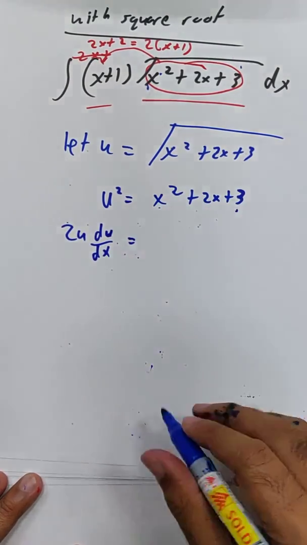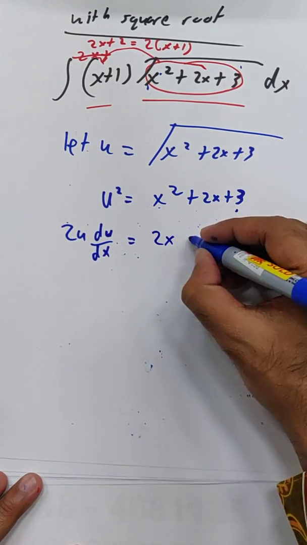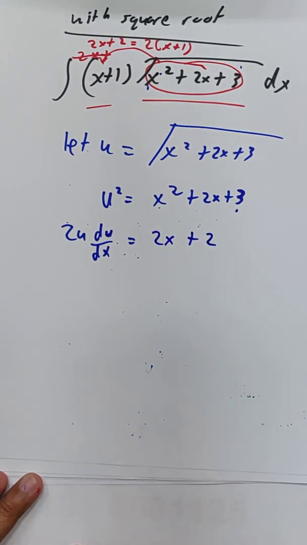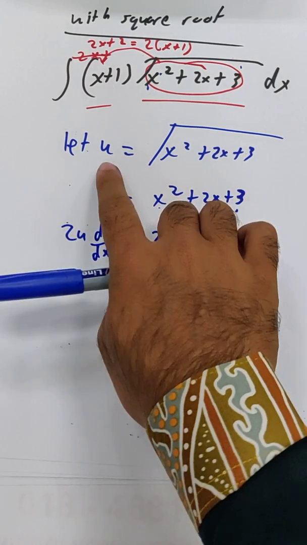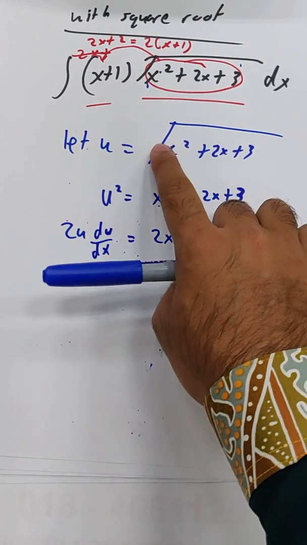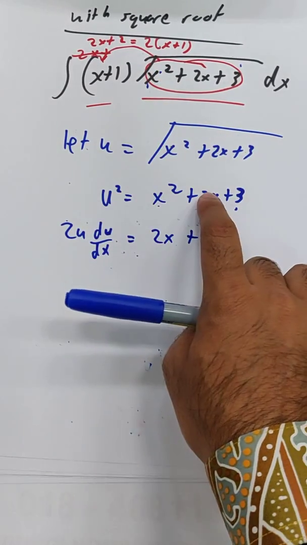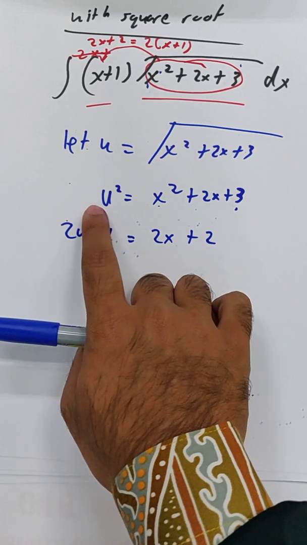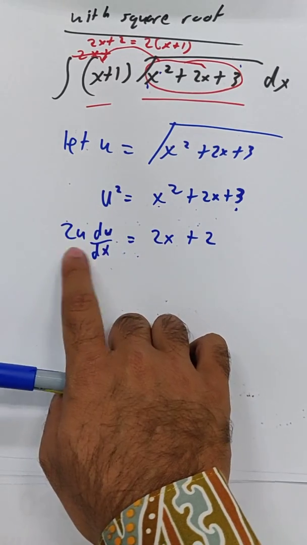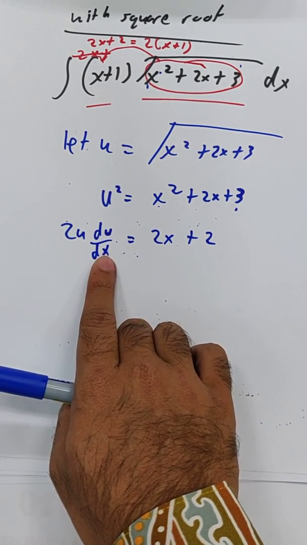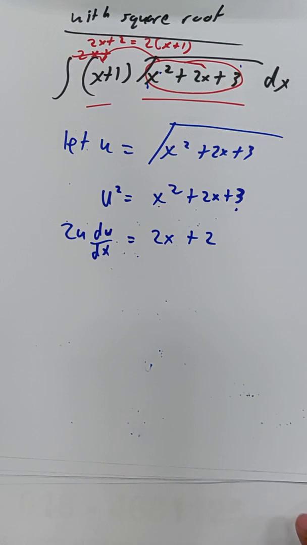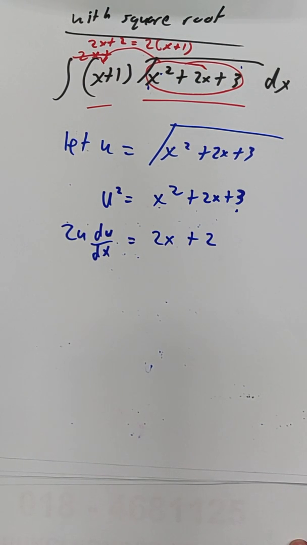This right side becomes 2x plus 2. Okay? And repeating one more time, if you see a square root, you take the square root, you square, make the square root disappear. Differentiating u squared, what do you get? 2u du dx. Why du dx, sir? Because we are differentiating with respect to x. Okay?